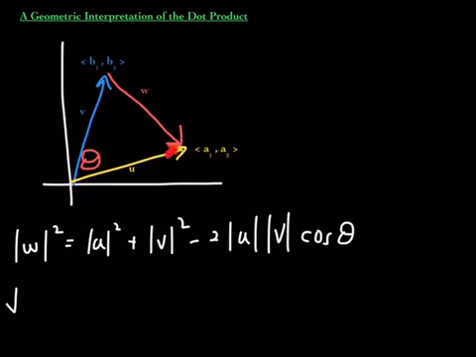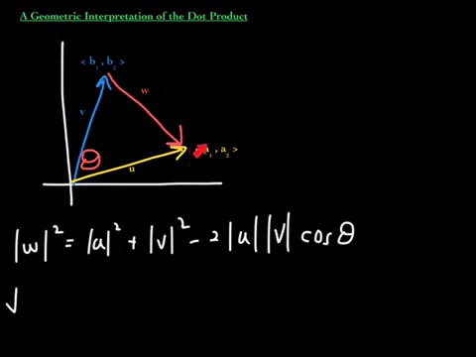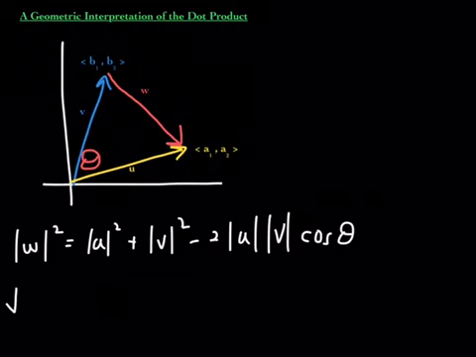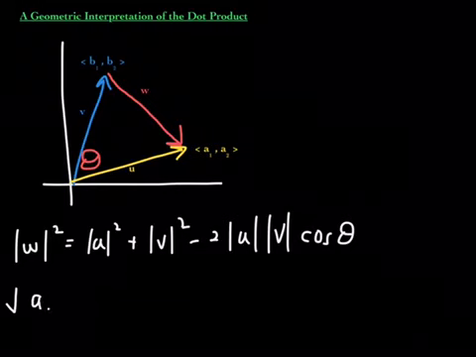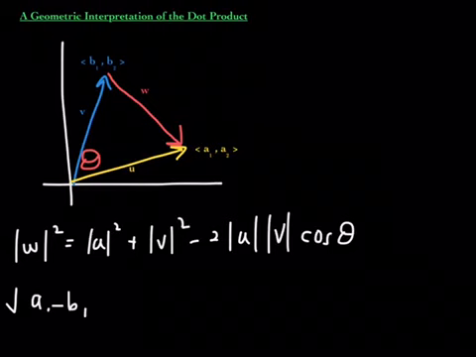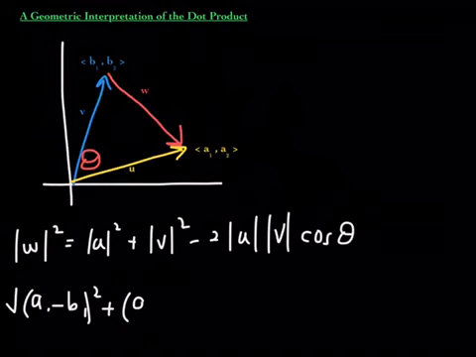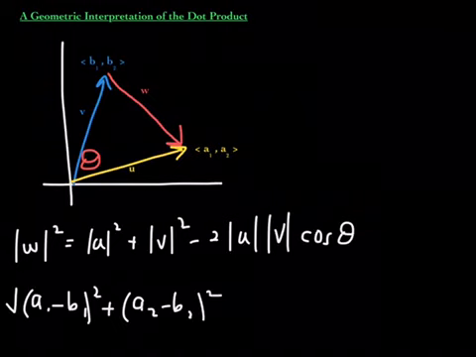So the distance formula will say this x coordinate, a sub 1, minus b sub 1, the other x coordinate, quantity squared, plus this y coordinate, a sub 2, minus b sub 2, quantity squared.